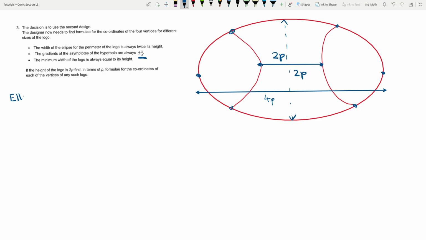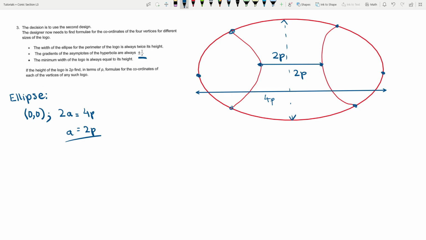Let's start off with the ellipse equation, and we will make our center 0, 0. Our a value will be 2a. So our major axis is this, that is 4p. Our major axis is 4p, therefore a is 2p.